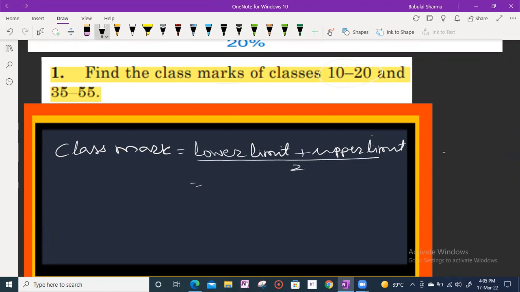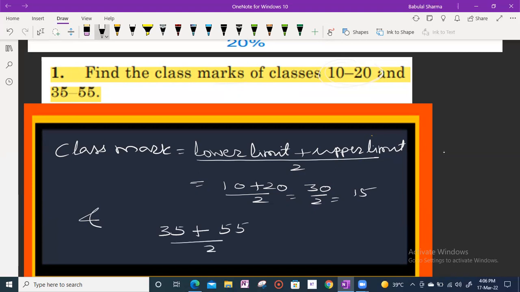So for the class 10 to 20, the lower limit of the class is 10, the upper limit is 20, divided by 2. So that is 30 by 2, this is 15. So the class mark of the class 10 to 20 is 15. And for the class 35 to 55, the lower limit is 35, the upper limit is 55, divided by 2.